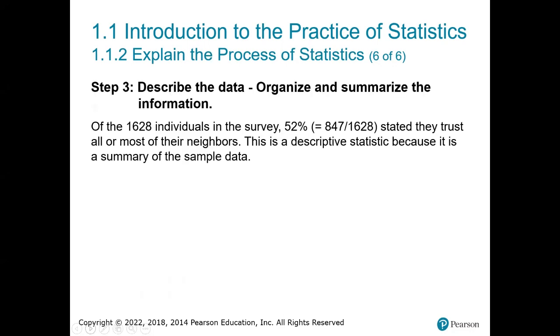Well, if we take 847 out of 1628, that is 52%. So about 52% of adult Americans from our study here trusted their neighbors. That is a descriptive statistic because it is based on our summary of our sample.